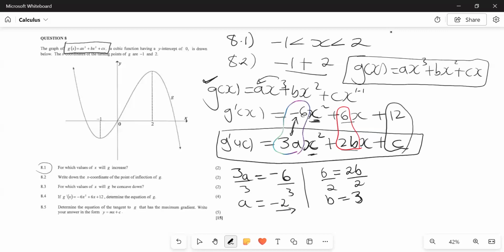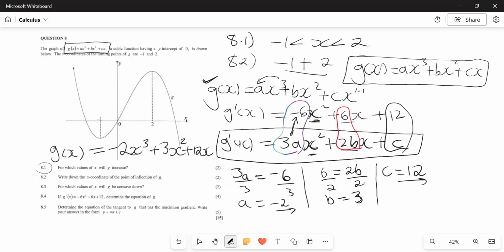And now we're left with our c. How do we find our c? We can all see that c is equal to just 12, right? From there, we can conclude that our g of x is equal to -2x cubed plus 3x squared plus 12.